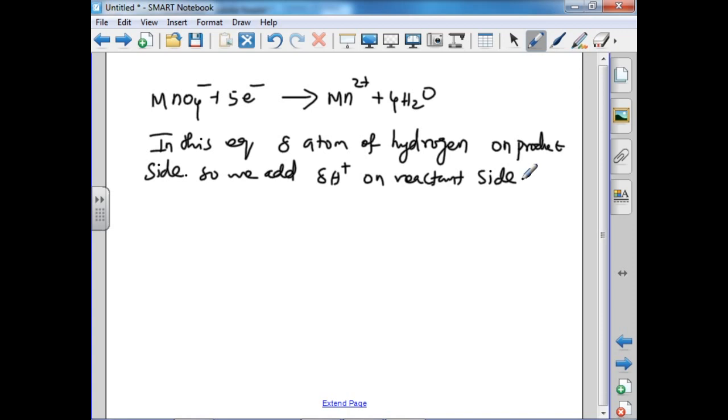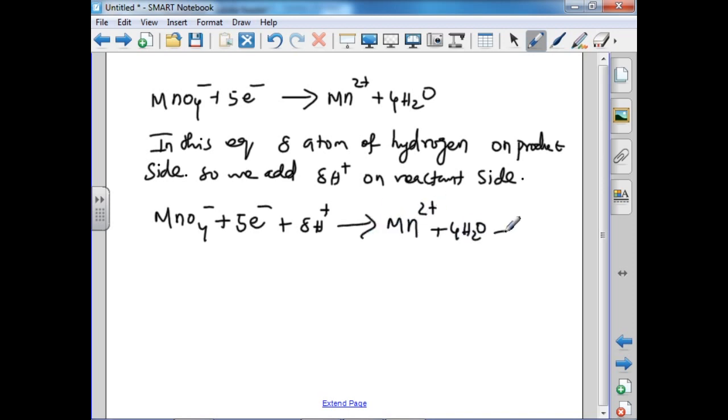So we add 8 hydrogen on the reactant side. So the equation is MnO4 minus plus 5 electrons plus 8H plus gives Mn2 plus plus 4H2O. This is equation number 3.